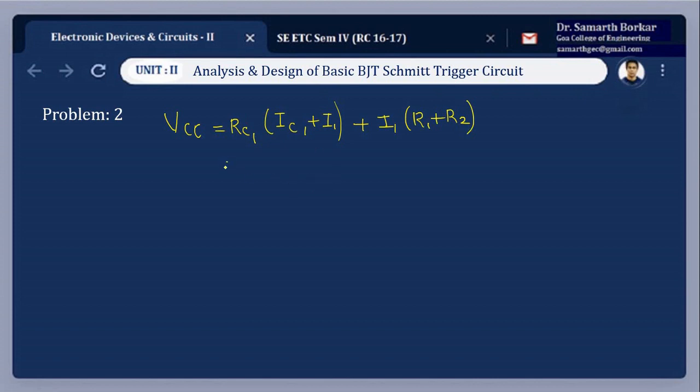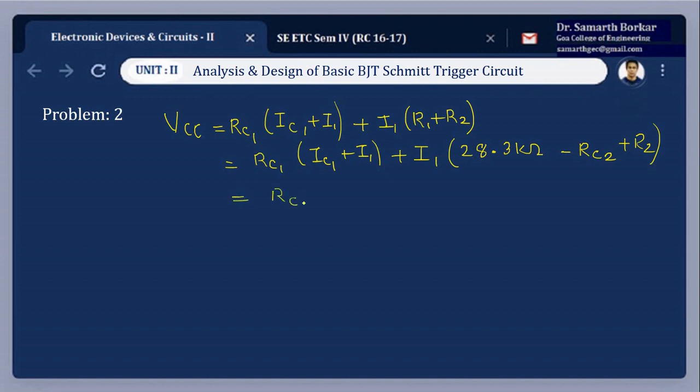We can rearrange the equation as RC1 IC1 plus I1, plus I1 into 28.3 kilo ohms minus RC2 plus R2. So further simplifying, RC1 IC1 plus I1, this is how much, 28.3 kilo ohms plus R2.